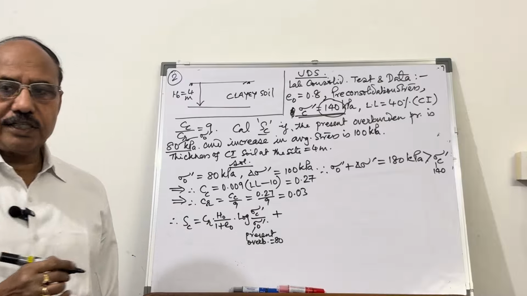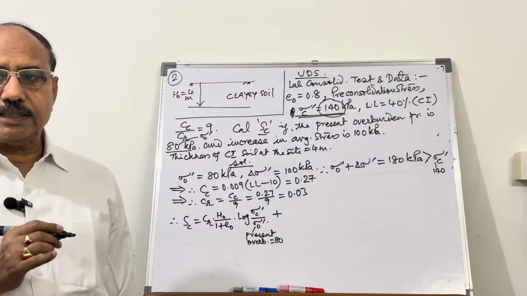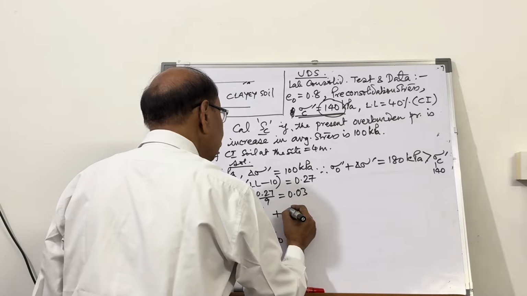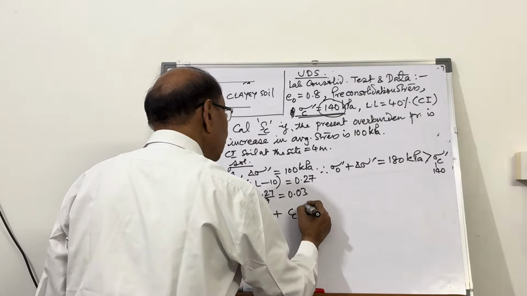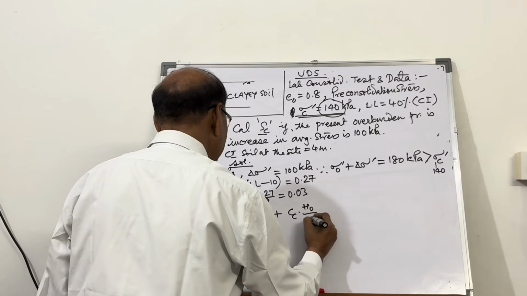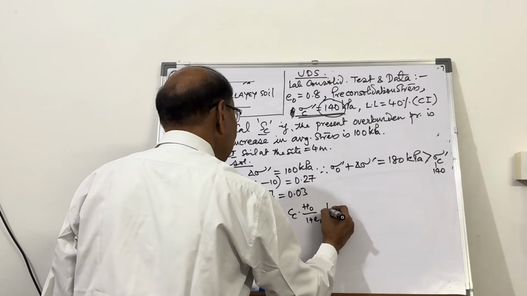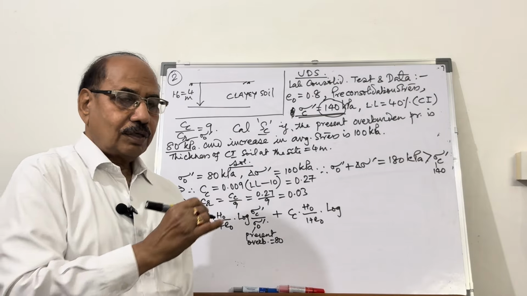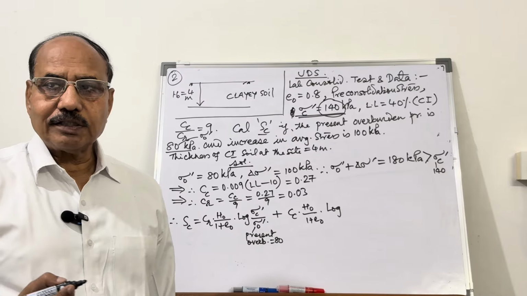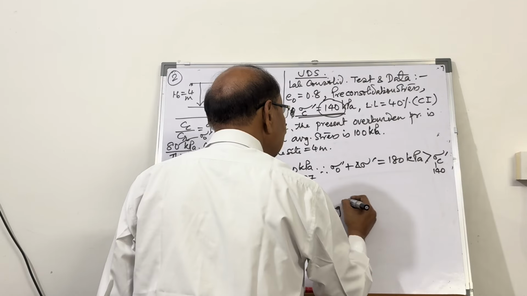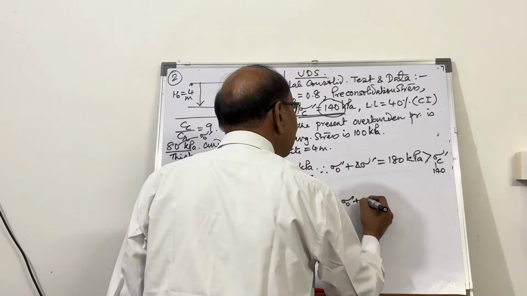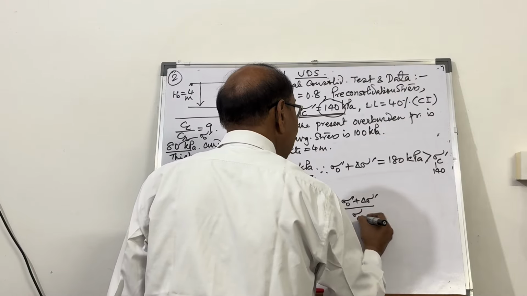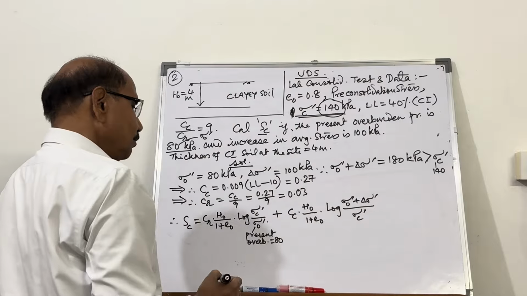for normally consolidated soil, you should always use Cc, that is the compression index. So it becomes Cc into H naught divided by 1 plus e naught into log of, now it has to be higher pressure upon lower pressure. Now the higher pressure is sigma naught prime plus delta sigma prime divided by sigma C prime, the pre-consolidation pressure.